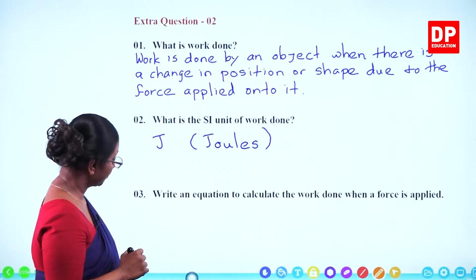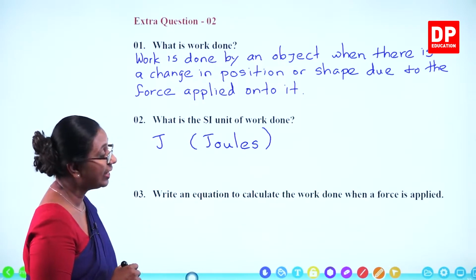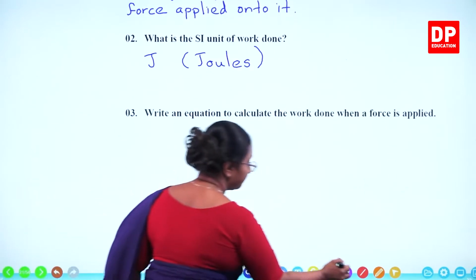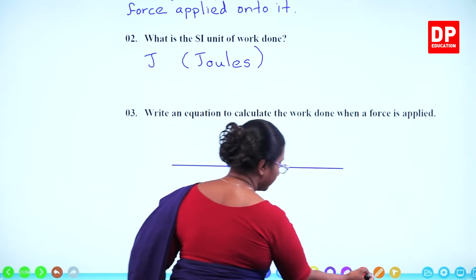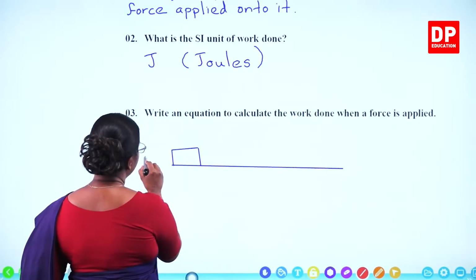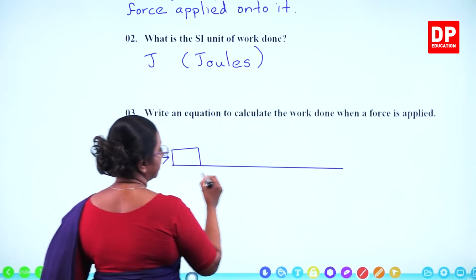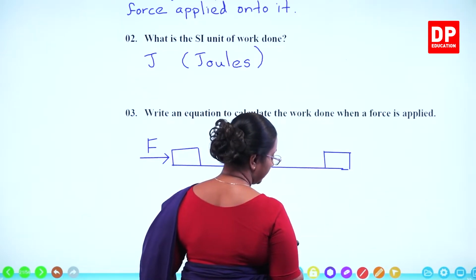Then the next question. Write an equation to calculate the work done when a force is applied. So, you can remember, students, we consider an object. There is the object here. When you apply a force, the object moves from that position to the next position.